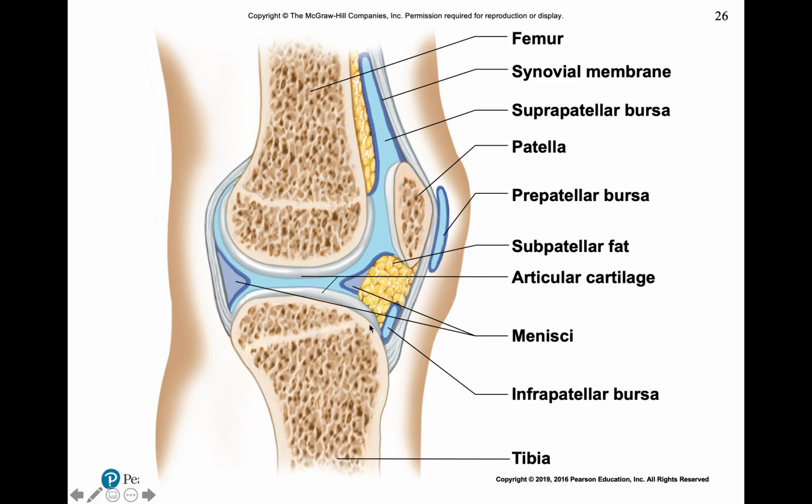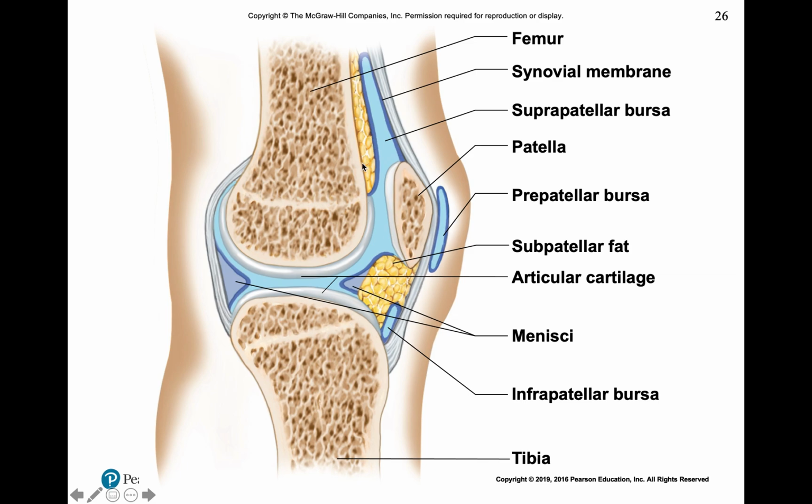Your knees are so important. They're more complex than our basic synovial joint that we just talked about, and there are additional structural elements here besides just the articular capsule, your synovial membrane, synovial fluid, and articular cartilage, which is all present here, but we also have some additional structures.